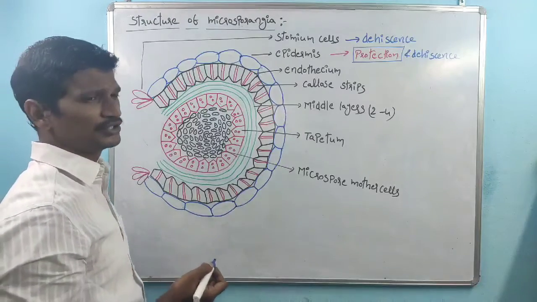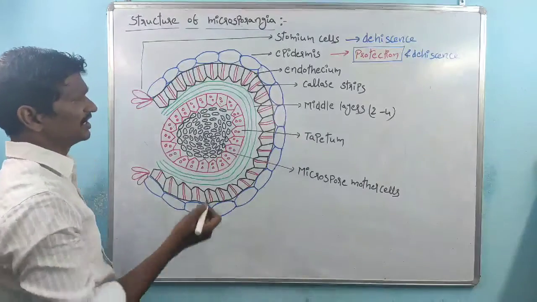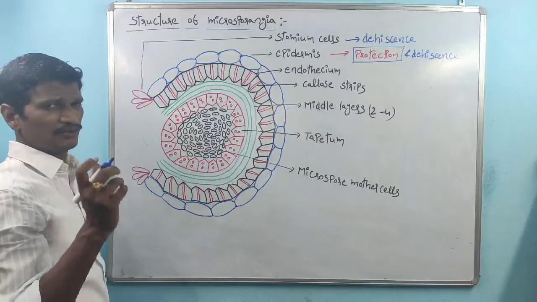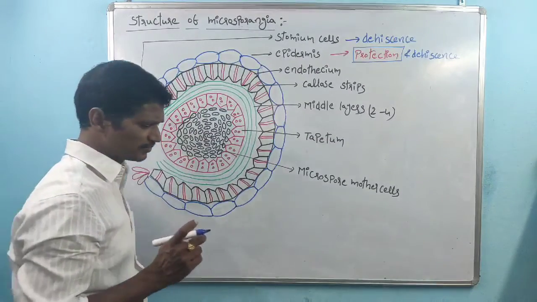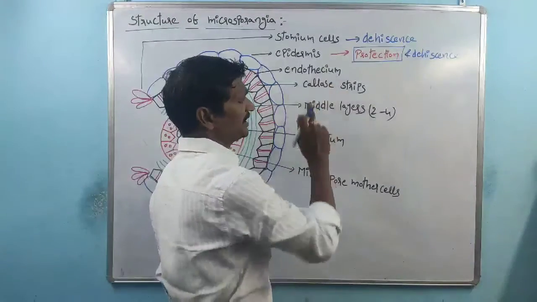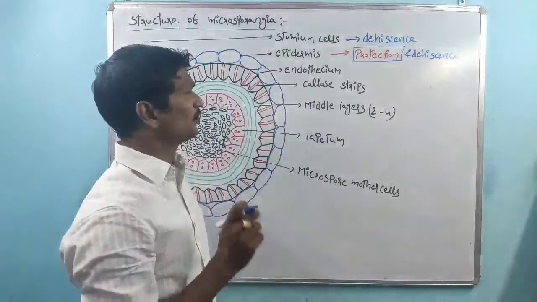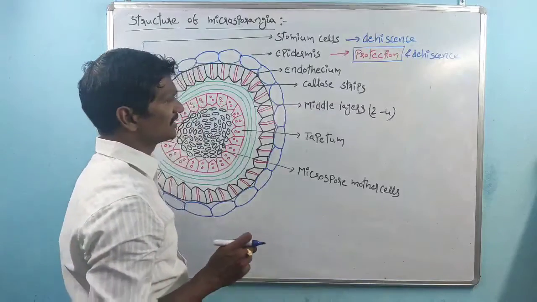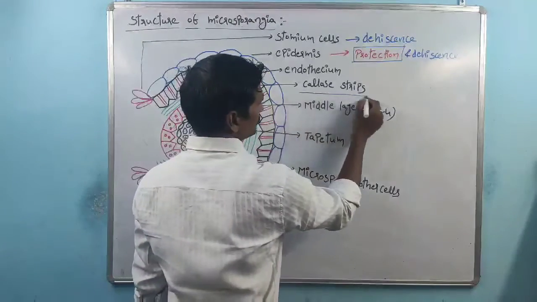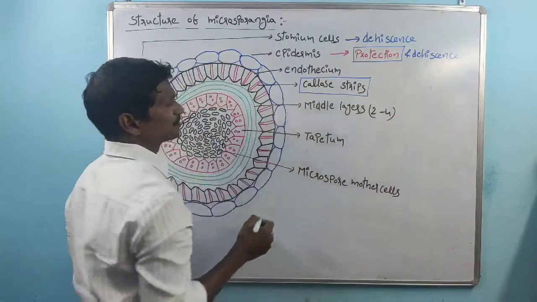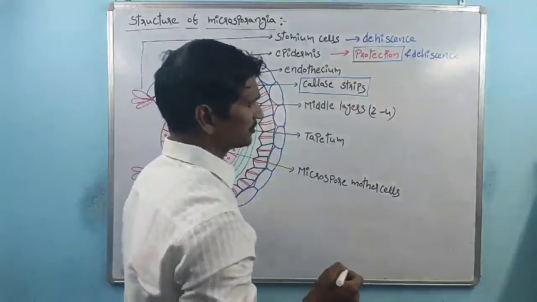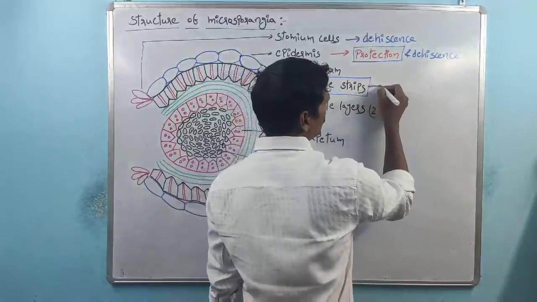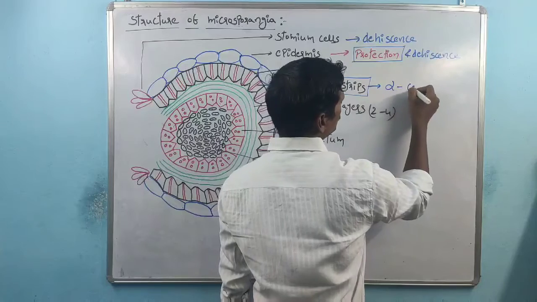The special tissue is called the endothelium. Inside the epidermis, a very special tissue is there, called the endothelium. Sir, why is the endothelium a special tissue? Because it contains callose strips, which are made up of alpha cellulose.